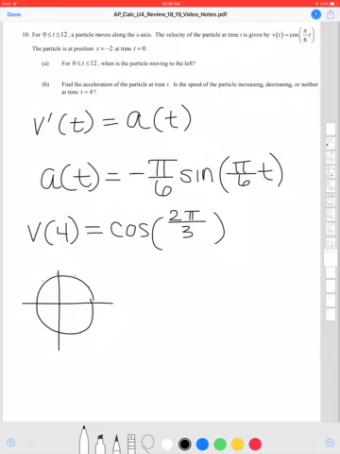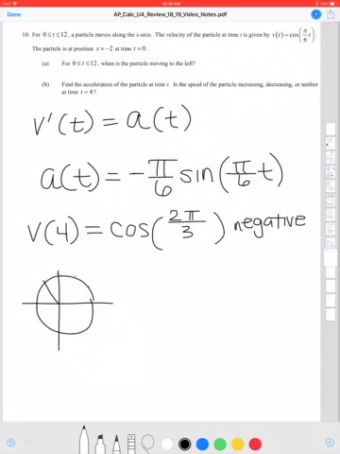Right, let's look at our unit circle. 1, 6, 2, 6, 3, 6, 4, 6. 4 over 6 is pi over 3... so the cosine in that quadrant is going to be negative. Okay, so our particle is moving backwards.